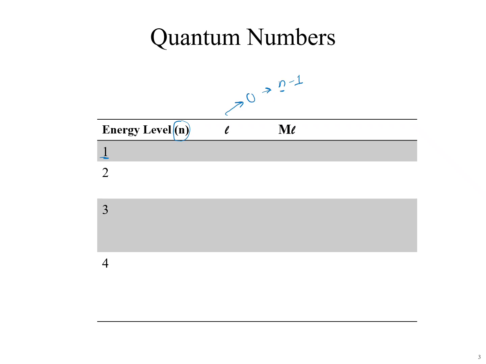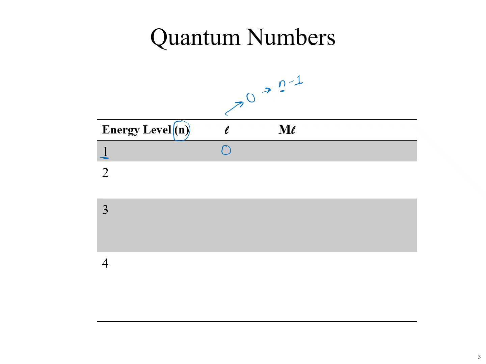So when you're looking at the possible values of l on the first energy level, we have only one possible value, which is 0. If l starts at 0 and goes all the way to n minus 1, you have 0, and n minus 1 is 0, so there's just one possible value. When you're looking at the second energy level, l starts at 0 and goes all the way to n minus 1.